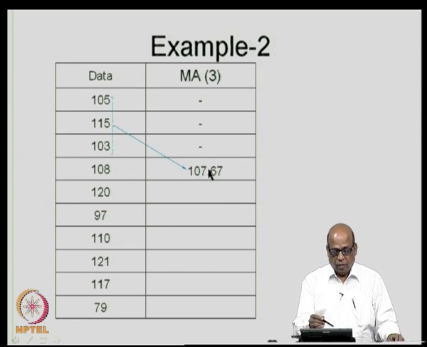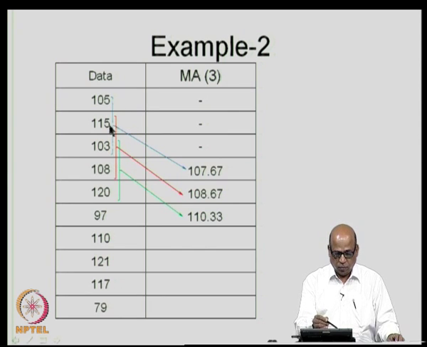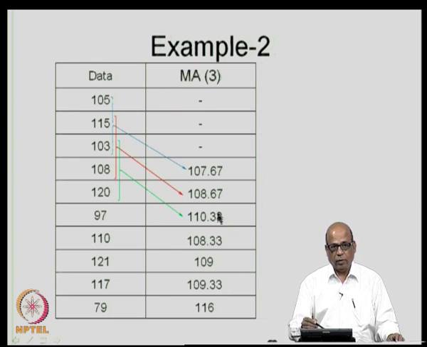Similarly, when we go to the next time period, we discard this value and take the average of these 3 values 115, 103 and 108 and call it the forecast for the next time period, 108.67. Next time period, we discard the oldest value and take the next 3 values 103, 108, 120 and call that the forecast for this time period and so on. So, like this we get the forecast for all the time periods.